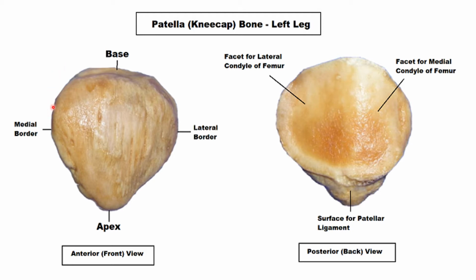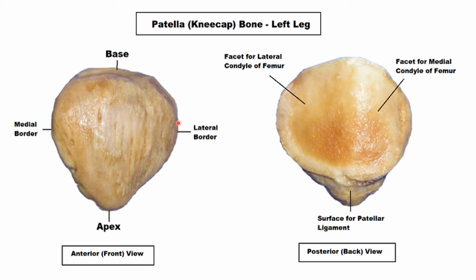So what is the medial patellar retinaculum? It is an expansion from the tendon of the vastus medialis muscle. Then the lateral border gives attachment to the lateral patellar retinaculum, which is an expansion from the tendon of vastus lateralis. Okay.